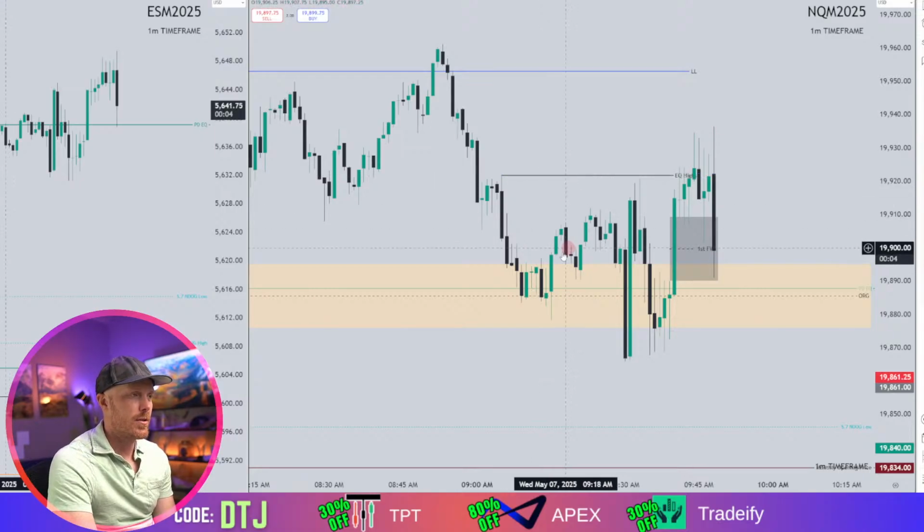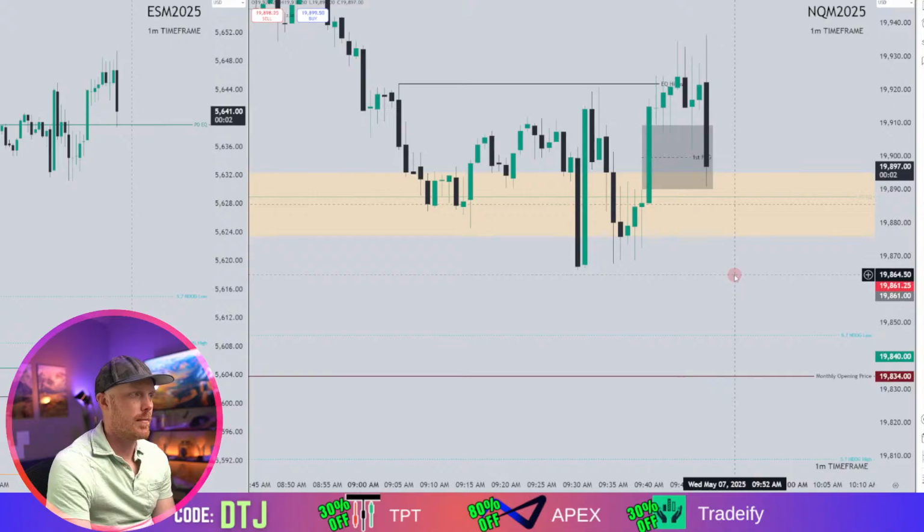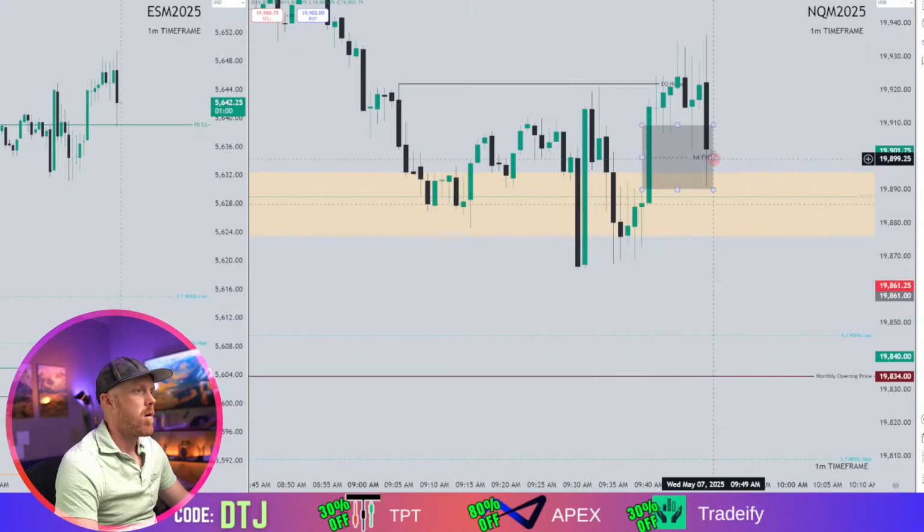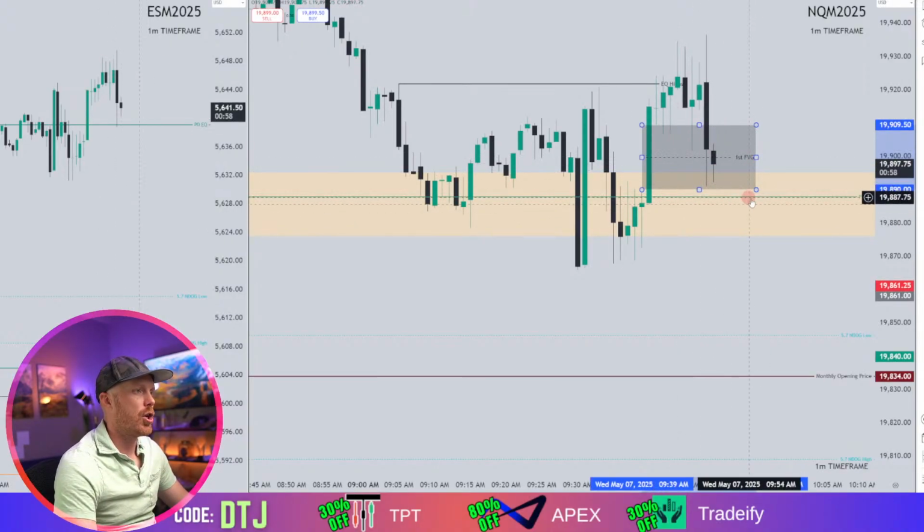Whoa, look at that. That's what I'm talking about. We're waiting. If this goes to a short, if we close below this first presented fair value gap, I'll take a short. I will go short right there.